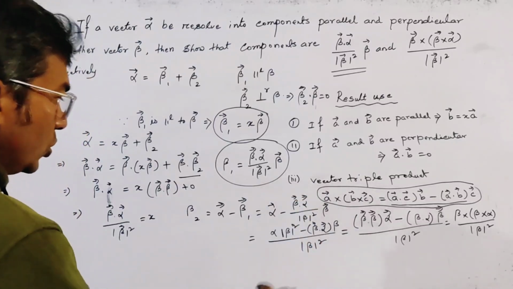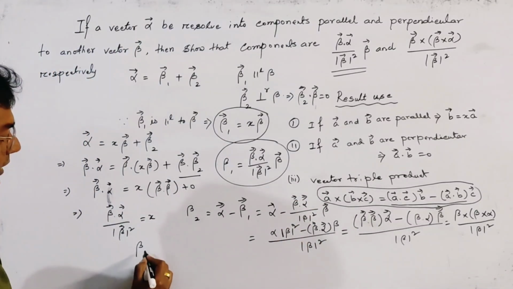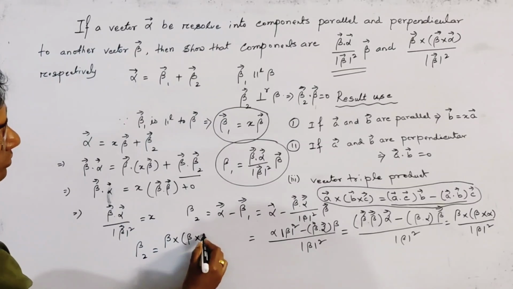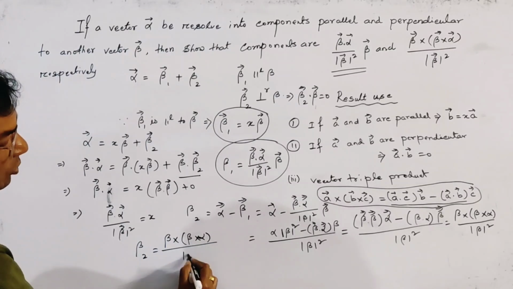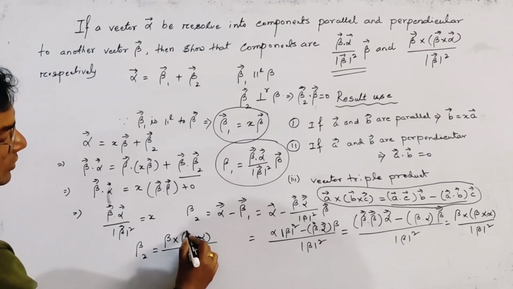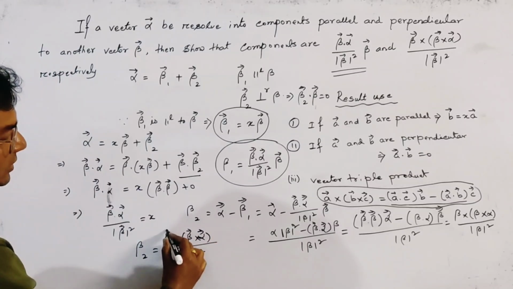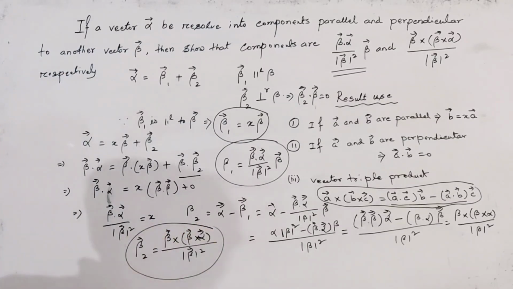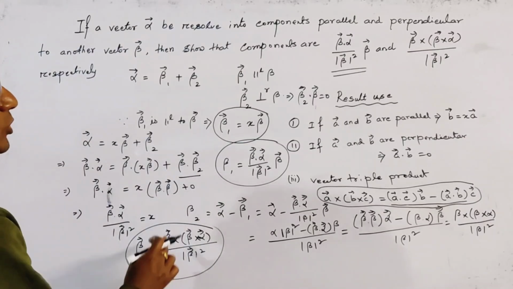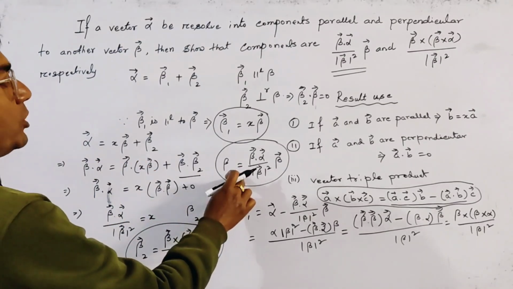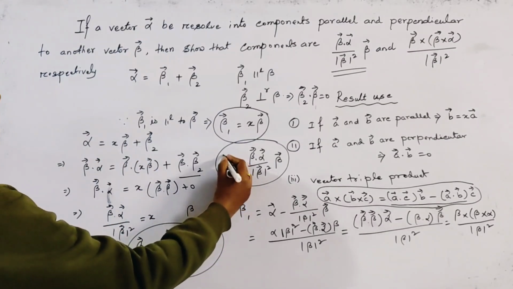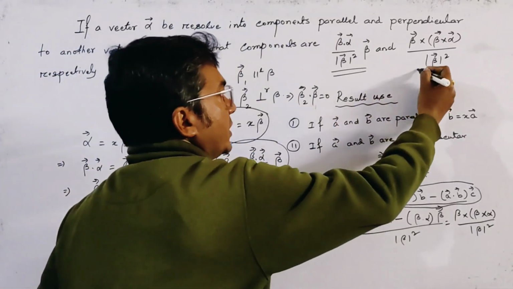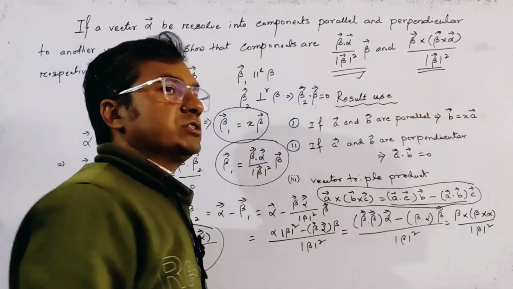So we get beta 2 equals beta cross alpha by mod beta whole square. This is the second component, which is perpendicular to beta, and the first component we already got, which is parallel to beta. So this is our second answer and this is the first one.